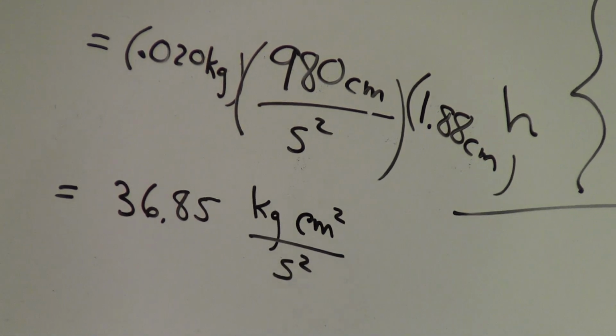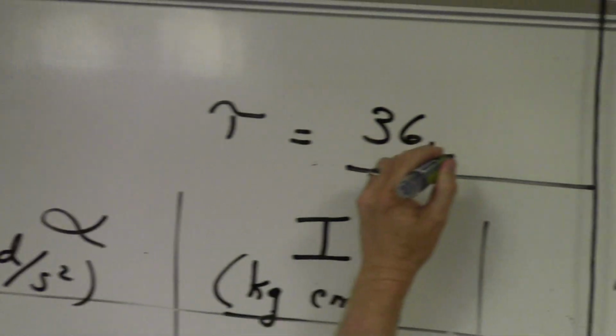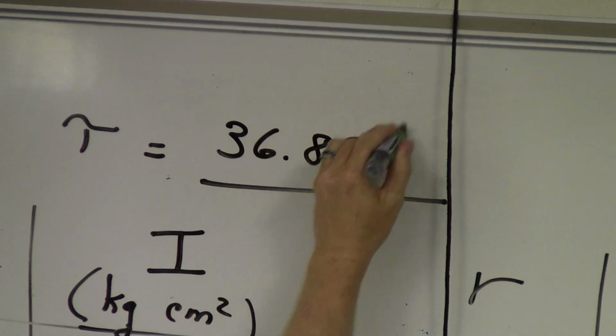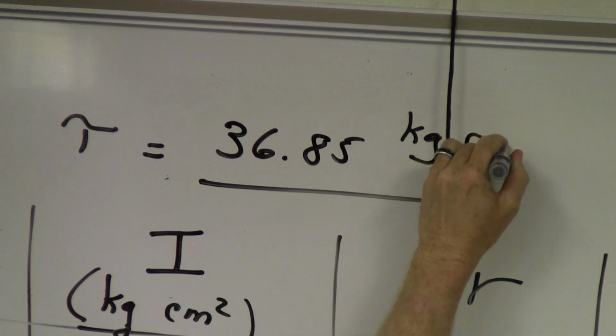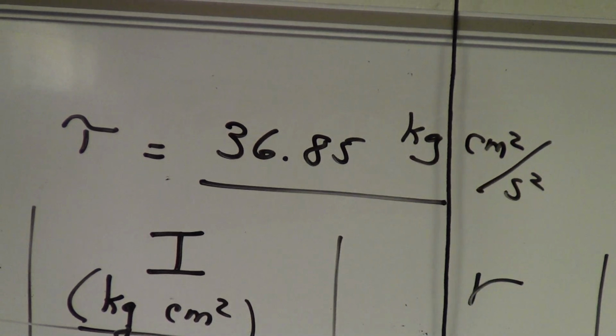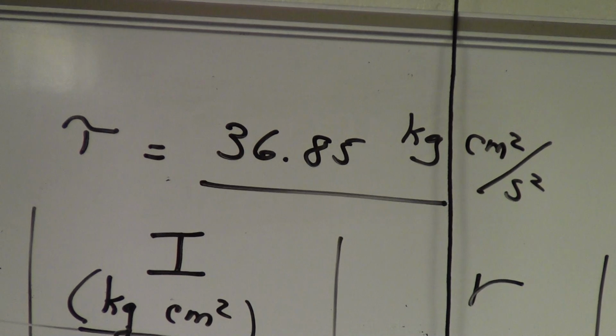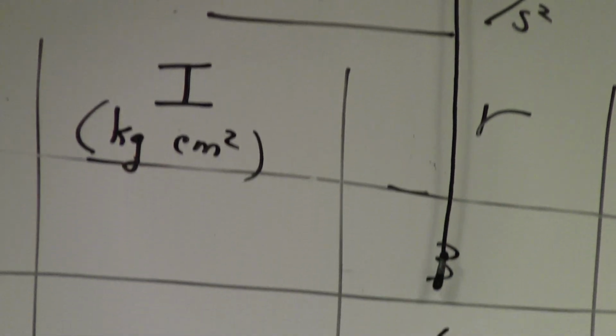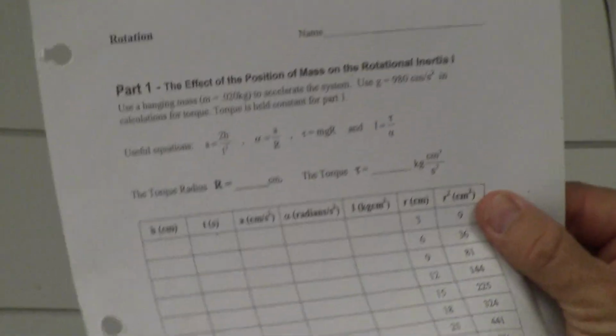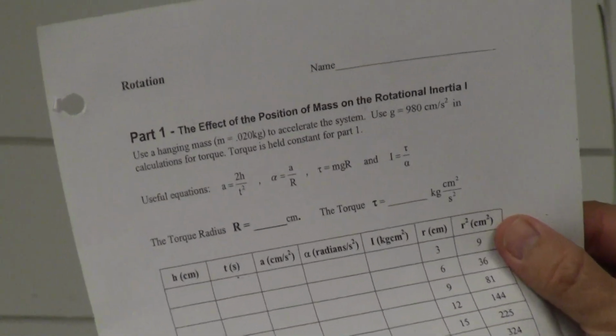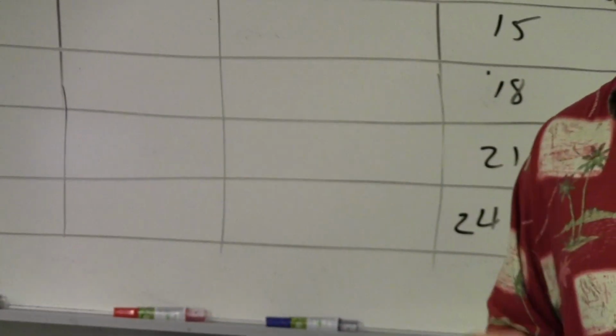And so coming over here, I will put 36.85 kilograms centimeters squared per second squared. And let me just check, it hopefully matches, yeah, the units that your author has put. So no fancy name. Certainly don't call it a Newton meter like we were doing in class, right? We would only get a Newton if distance was measured in meters, mass in kilograms, and time in seconds. And we do have kilograms and seconds, but we don't have meters. So again, got some oddball units here.